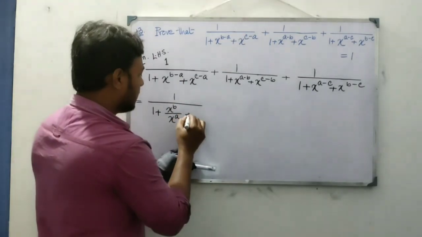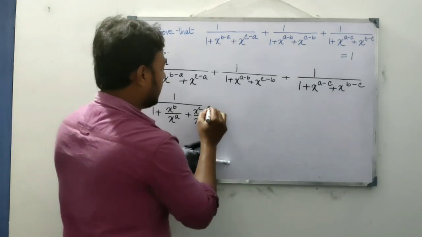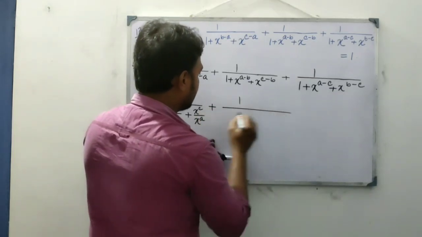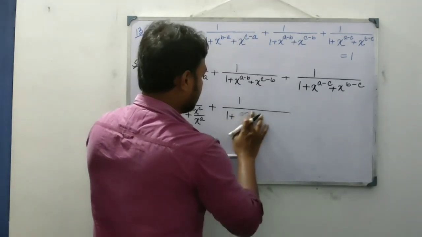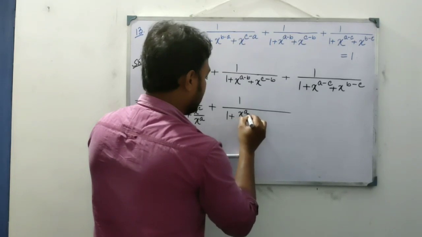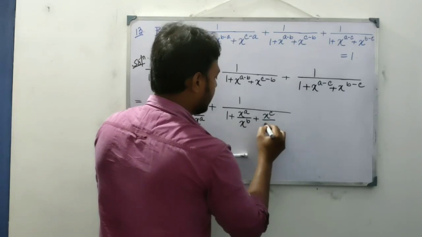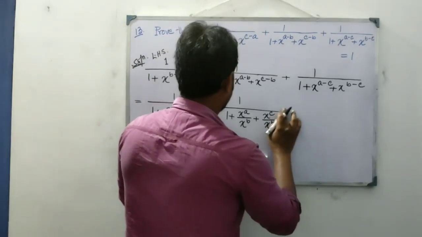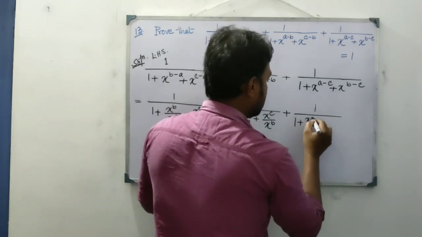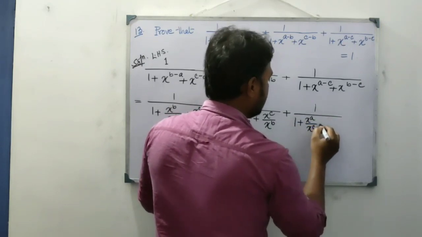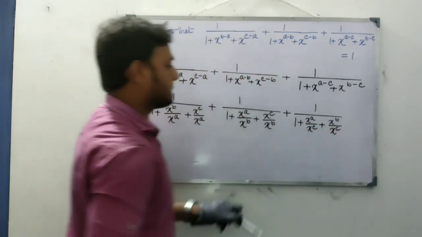So this and this can be written as x to the power c by x to the power a, plus for the second one 1 plus x to the power a by x to the power b plus x to the power c by x to the power b, and for the third one 1 by 1 plus x to the power a by x to the power c plus x to the power b by x to the power c.